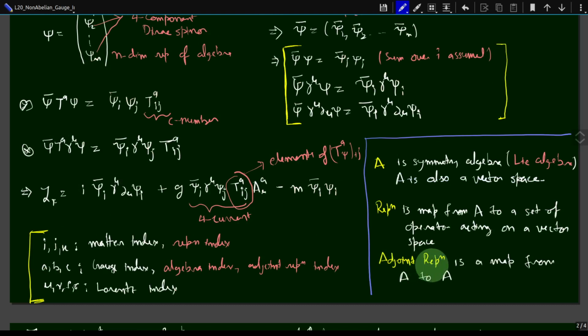Now what is special about the adjoint representation is that it is a map from A to A. Here the algebra, which is a vector space, so I choose this particular vector space. So operators of A act on the vector space A itself. Okay, so that's the adjoint representation. So that is fixing a representation.